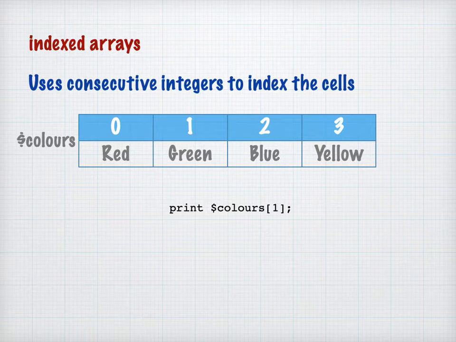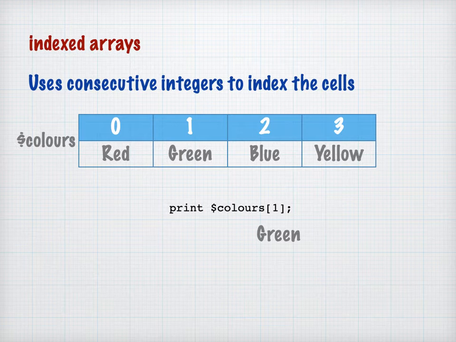And if we want to access each of the individual subparts, each of the individual cells of the colours variable, then the way that we do that is to use the name of the variable, which in this instance is colours, and then in square brackets we place the cell we're particularly interested in. So if we want to find out what's inside box number 1, we go colours square brackets 1, and that will give us the value green.